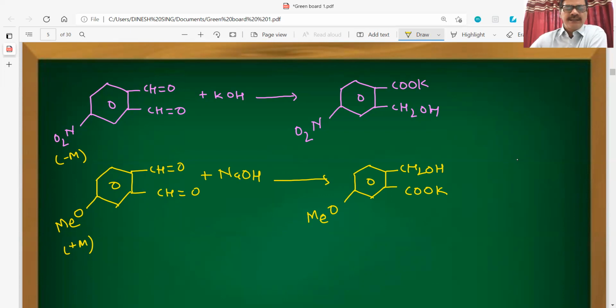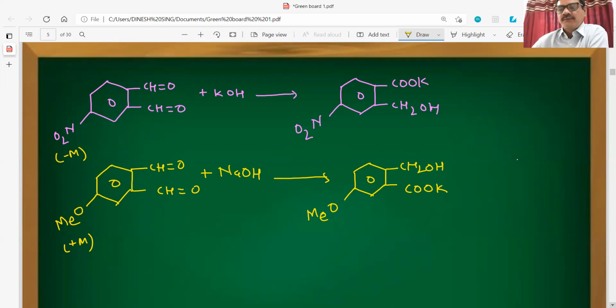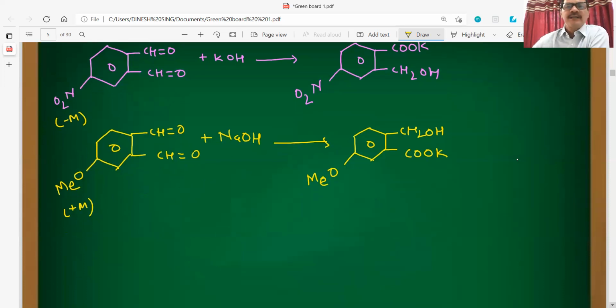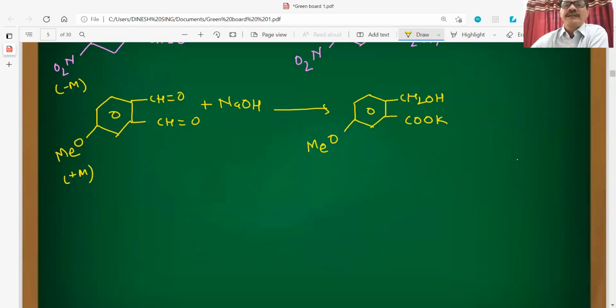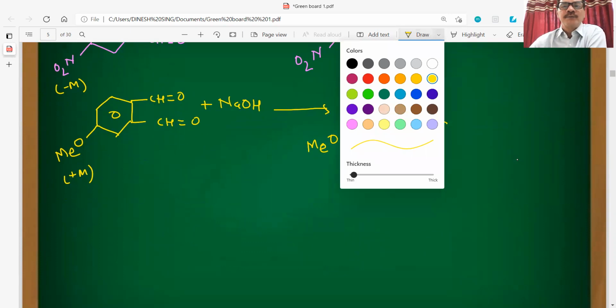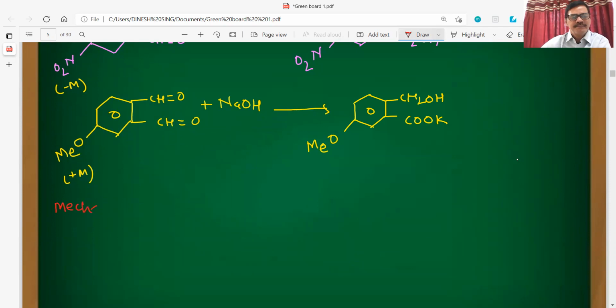So these are the three different cases for the reaction of aldehydes without alpha hydrogen, that is the Cannizzaro reaction. One more important thing is the mechanism of the Cannizzaro reaction in excess of alkali.